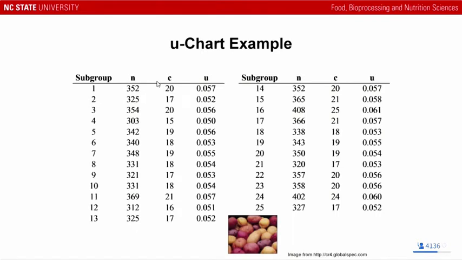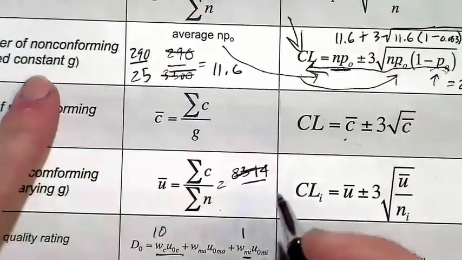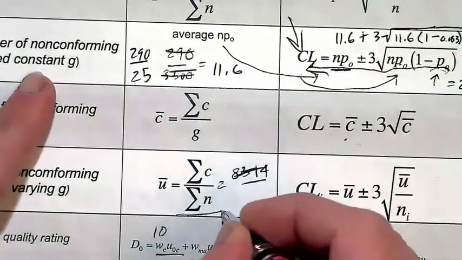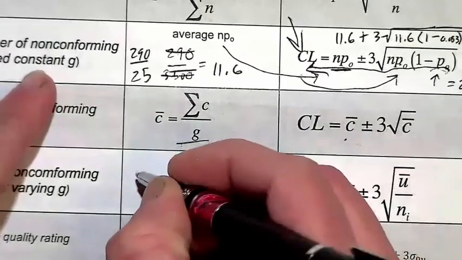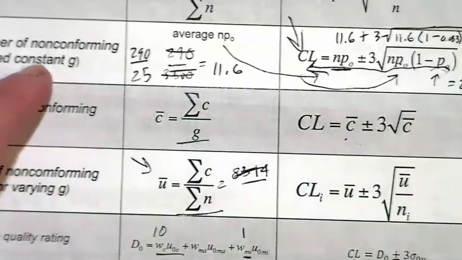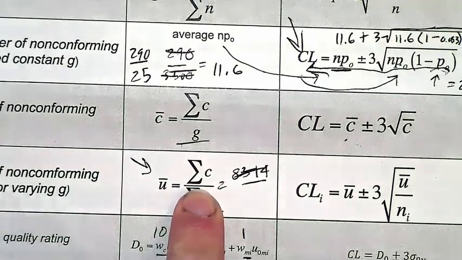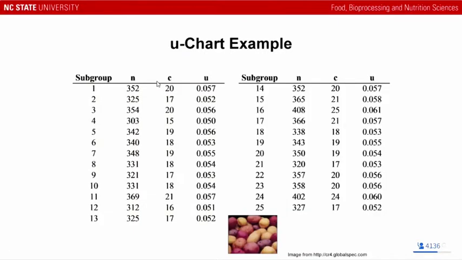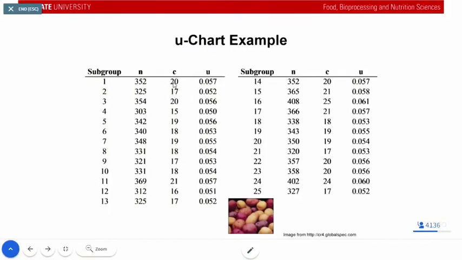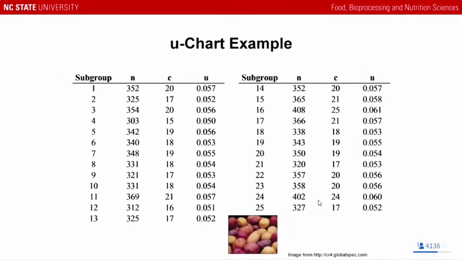Let's calculate what the center line would be for this example. We just got to make sure we get these denominators right. This is the sum of n. This is the sum of g. We want to be doing this one. And so we want to add up all of the counts of nonconformities. And it's just 20 plus 17 plus 20 all the way down to 17. And for that one, I got 476.